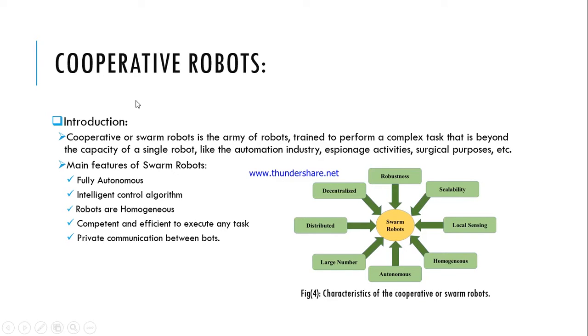A cooperative or swarm robot system is an army of bots trained to perform a complex task that is beyond the capacity of a single robot, like automation industry, espionage activities, surgical processes, etc. Some of their core features are that they are fully autonomous, they have intelligent control algorithms, the robots are homogeneous, they are competent and efficient to execute any task, and they have private communication between them.